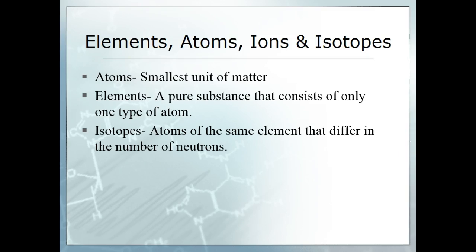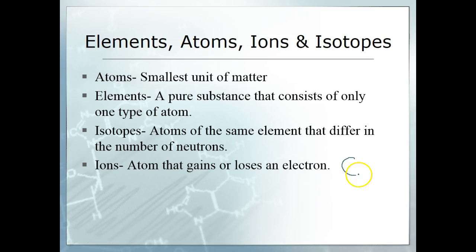If we think about carbon, carbon has 6 protons and 6 neutrons, which gives us a mass of 12. If we increase the number of neutrons to 8 from 6, then 6 protons plus 8 neutrons gives us carbon-14. This is an isotope.